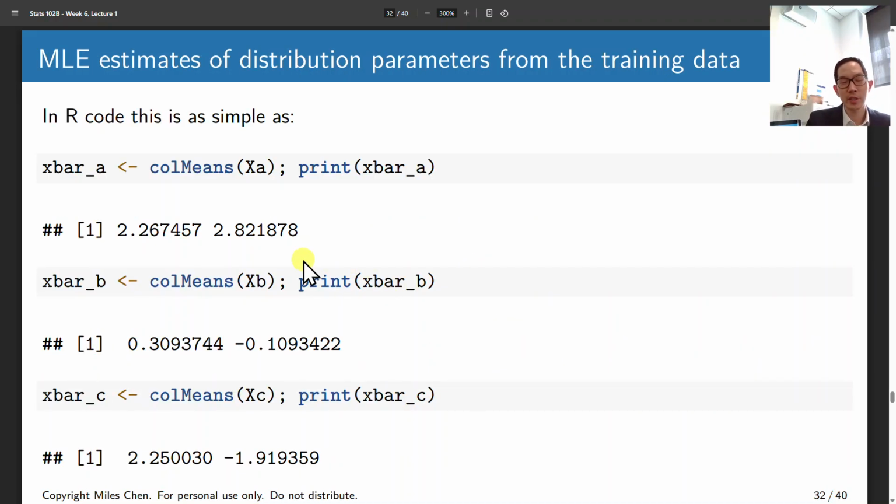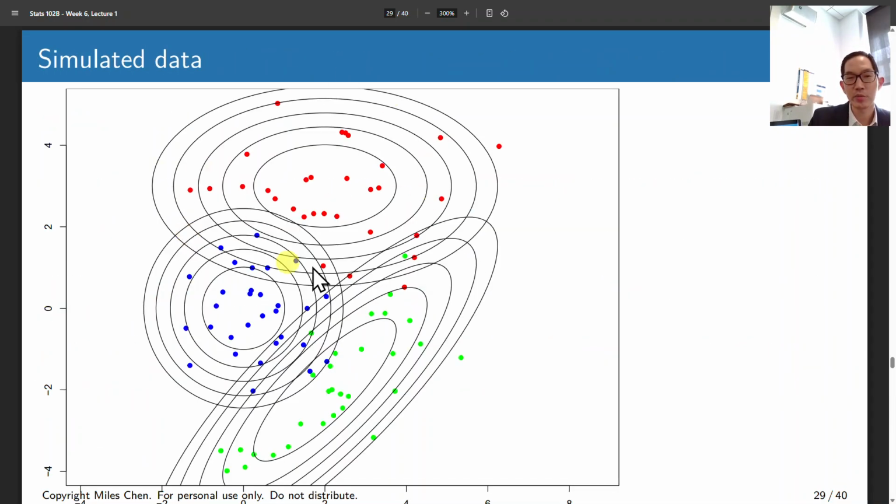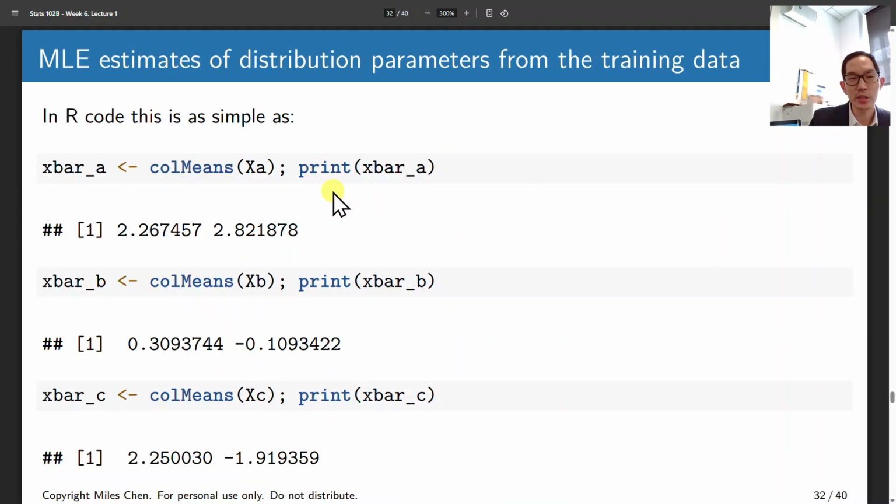So if you take these red dots here, the mean turns out to be 2.26, 2.82. The mean for class B is going to be 0.3 and negative 0.1. And the mean for class C is going to be 2.25 and negative 1.9. Okay, so the generating distribution was centered at 2, 3. So we're getting something kind of close, but not exactly that, again, just because of randomness.